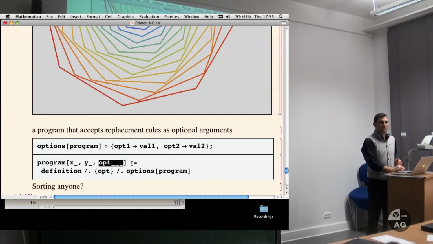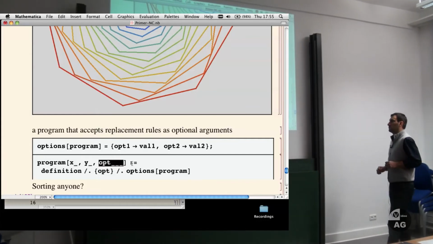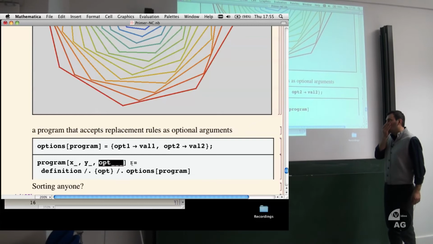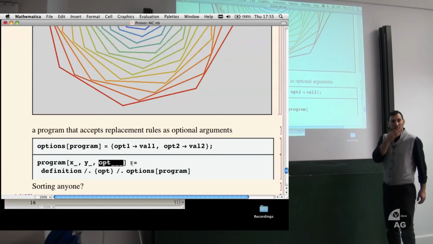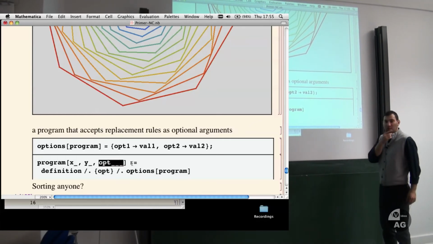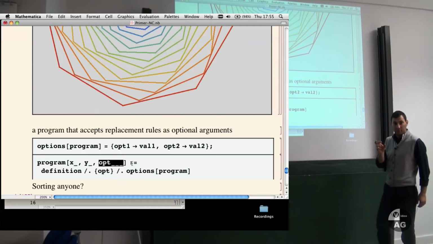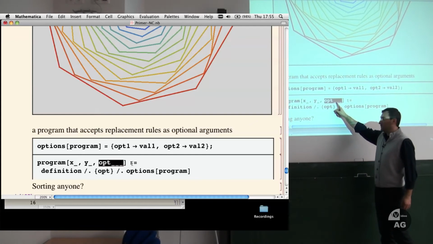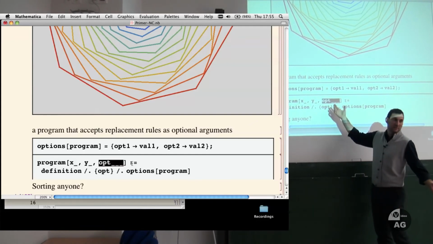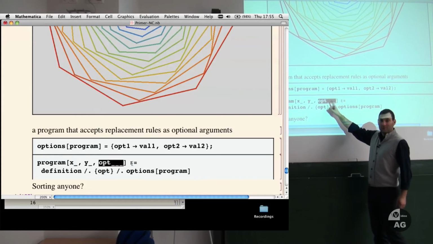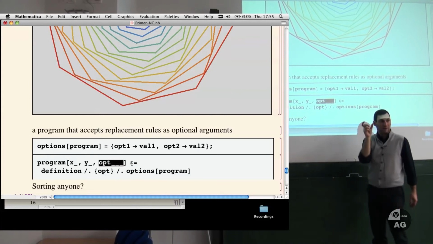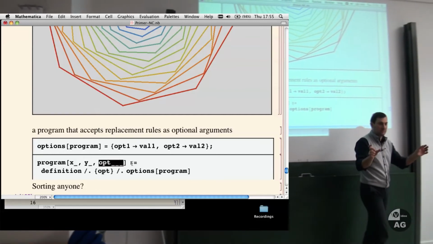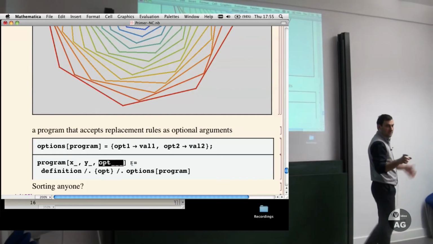Questions? Is there a data type for replacement rules? So I can say that these options really only capture replacement rules? No. There is not a data type, but you can force this to be a replacement rule, and then there is a way of saying that it's a list of such patterns.